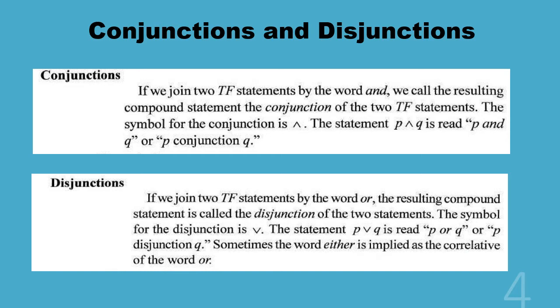The symbol for the disjunction looks like a V. So we have the statement P V Q, and it's read P or Q, or P disjunction Q. Now sometimes we have the word either explicitly or implied in the sentence. Either always goes with or, and the two words are simply represented by one disjunction.